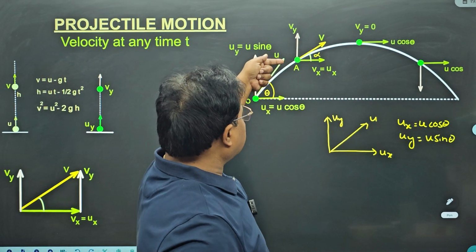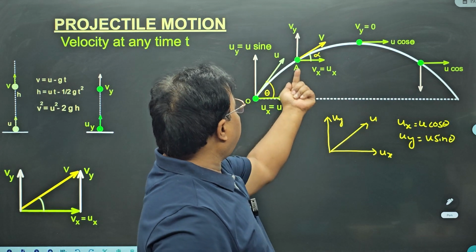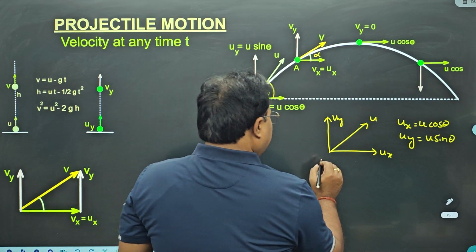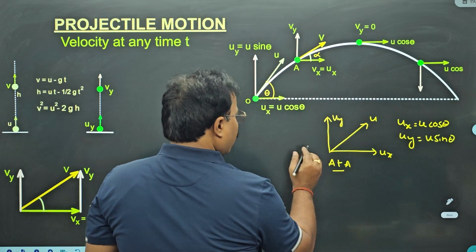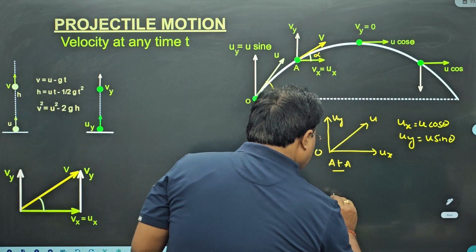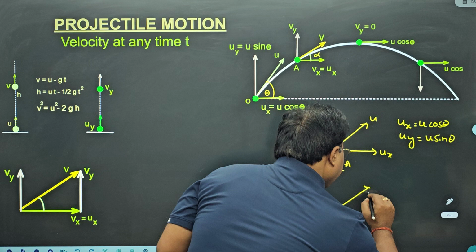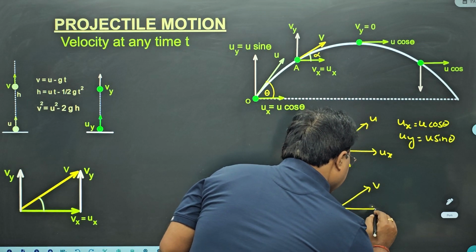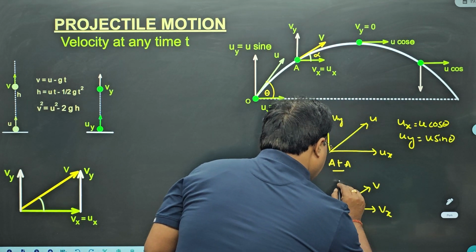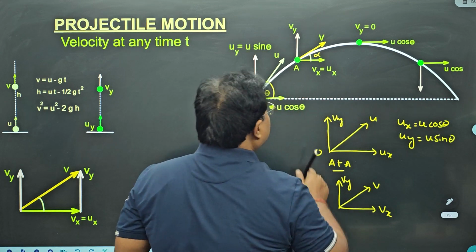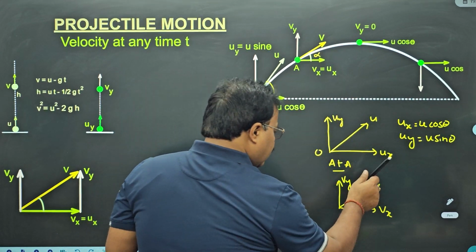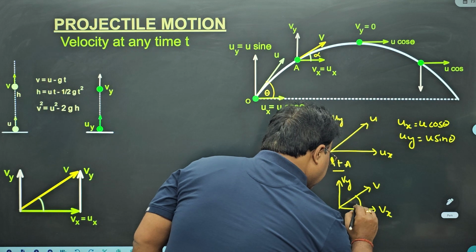This velocity v has two components, horizontal component and vertical component. At O is the position of projection. At A, the speed is v, the horizontal component of velocity is vx, and the vertical component of velocity is vy. Here the resultant velocity makes an angle alpha with the horizontal.